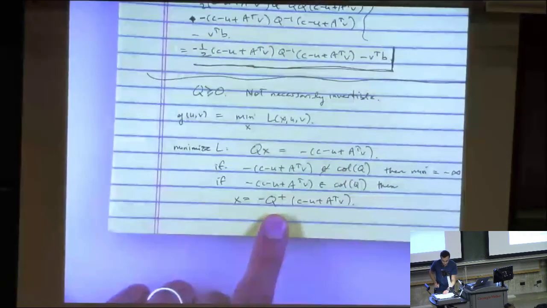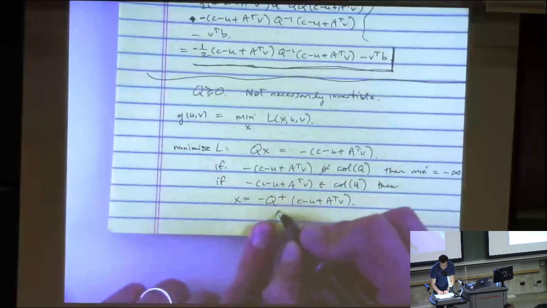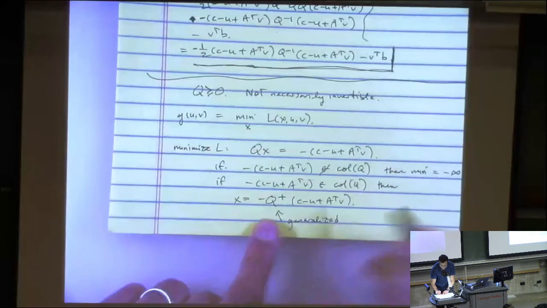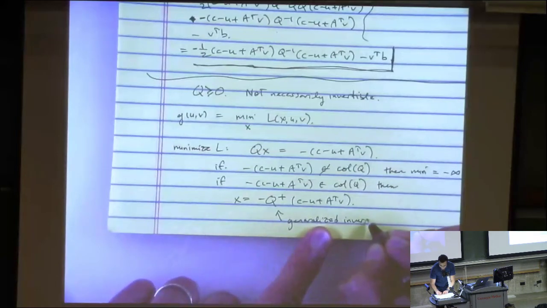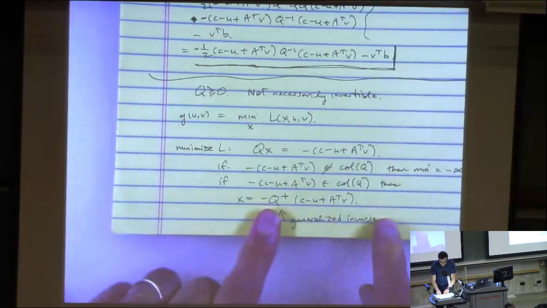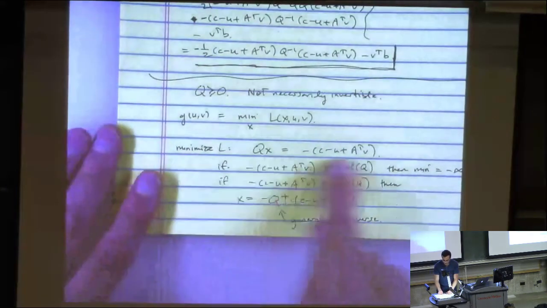In case you've forgotten, this is the generalized inverse of Q, or the pseudo-inverse of Q. One way to think about it is that it gives us the minimum 2-norm solution to this linear system.